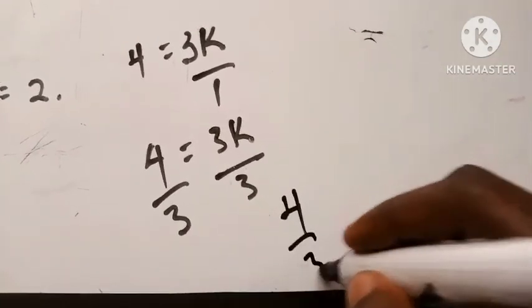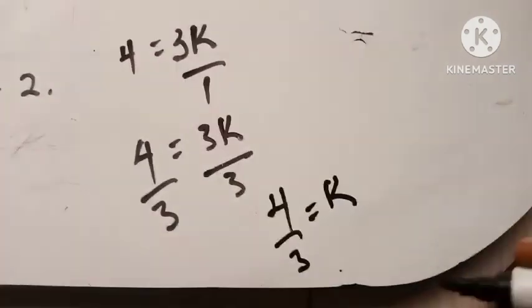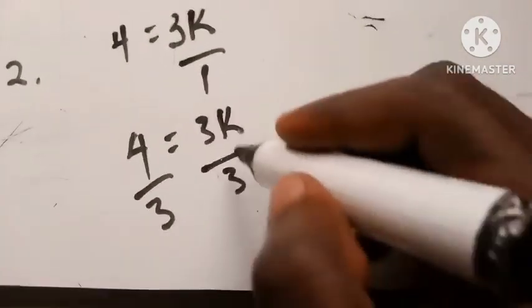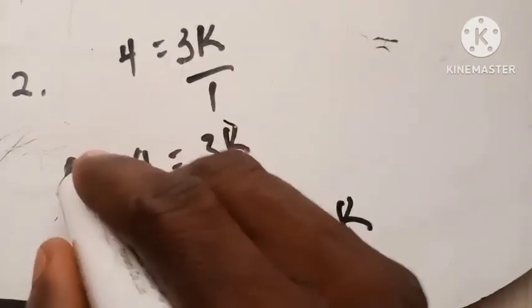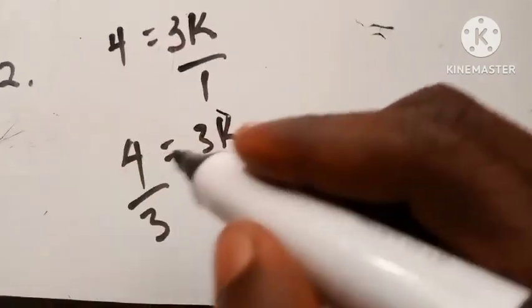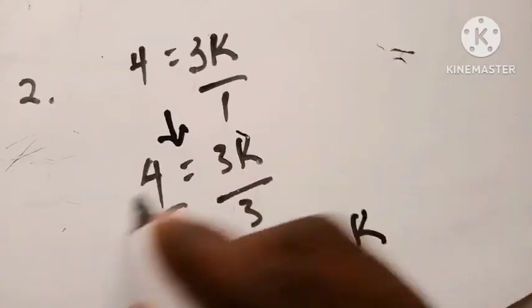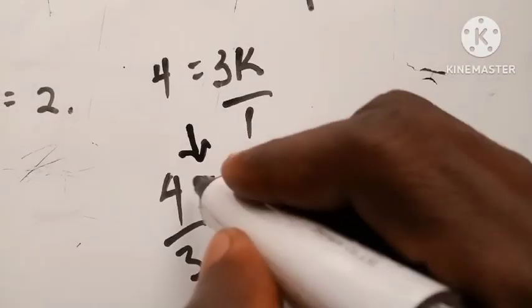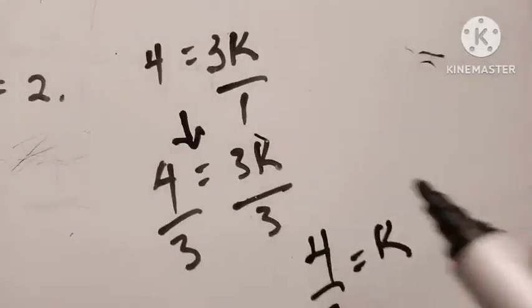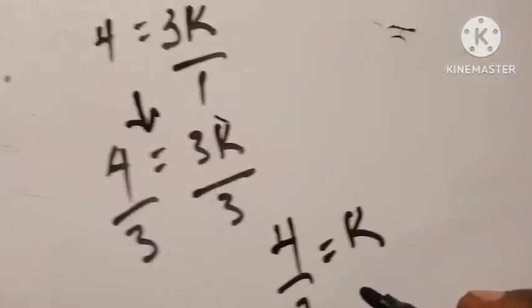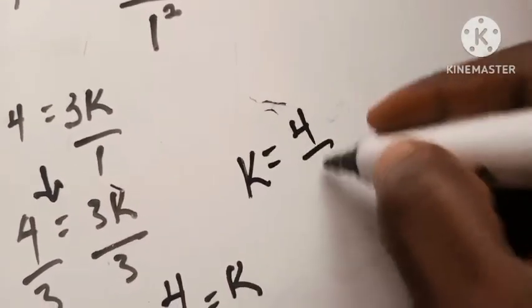So we have 4 on 3 is equal to k. What I normally see is students always force themselves to have this letter on the right or the left hand side here. The meaning of the equal sign is that irrespective of wherever you are standing, you are still the same, because they are the same, equal to sign. So don't do that, right? Once you are done, you can write your k to be equal to 4 on 3.